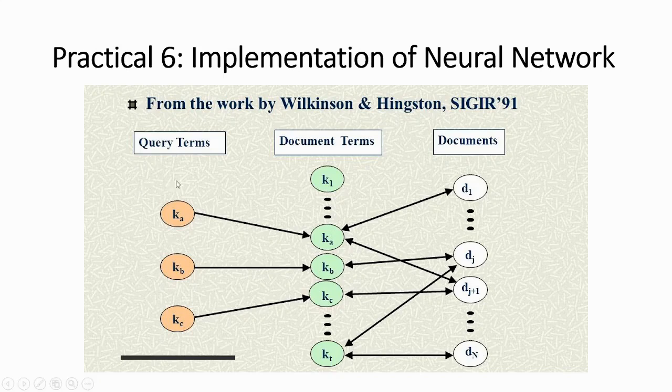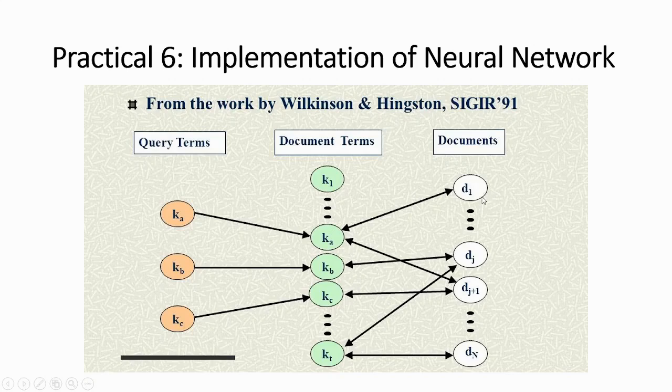The user is identified with the queries given. The query terms are mapped to KB, KC. Using the query words, these will be matched to the document terms, in which the document terms have their own weights. Further, the documents are also associated with weightage to the terms they comprise.